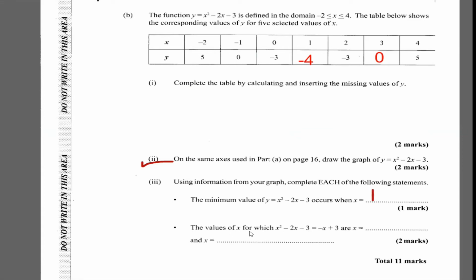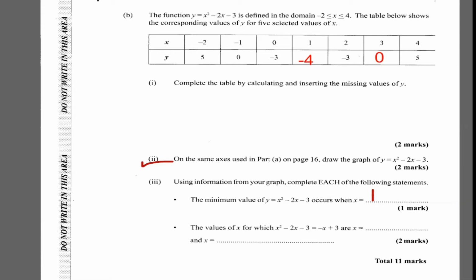Then it says the value of x for which x squared minus 2x minus 3 is equal to -x plus 3. So it wants us now, when is the graph equal to -x plus 3? So what you are required to do is draw the line -x plus 3 on your graph.